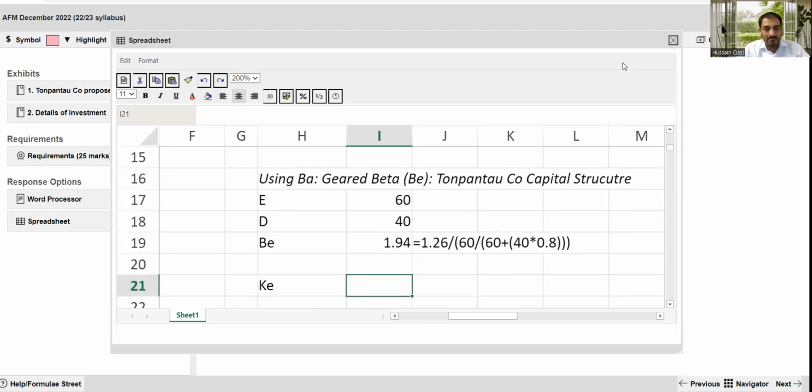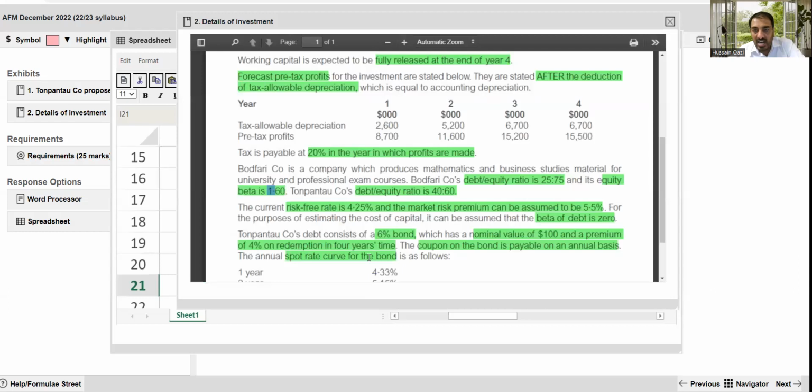Now KE is equal to RF. How much is the RF in the question? 4.25%, and risk premium 5.5.